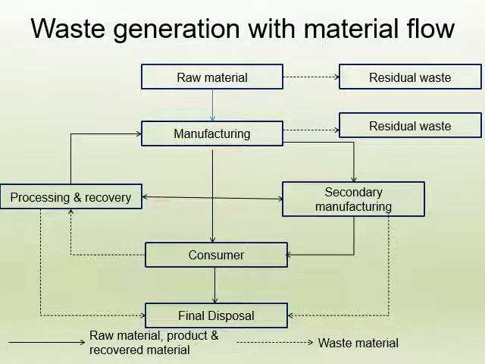From the processing and recovery units, some waste material will also be generated. Not all the waste material will be converted into some product. Some waste is also generated, and it will go to the final disposal point. So all the waste materials from processing and recovery, from secondary manufacturing, from the consumer point, and residual waste will go to the final disposal point.